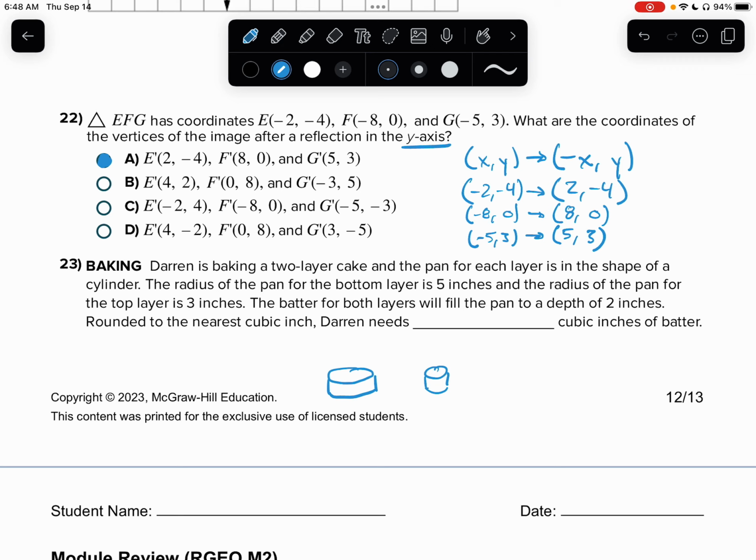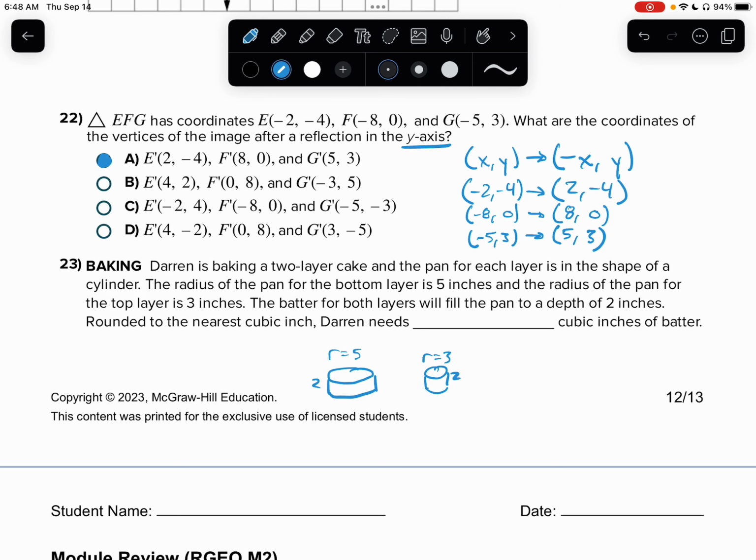The radius of the pan for the bottom layer is 5 inches. So this one has R equals 5. And then this one has a radius of 3. The batter for both layers will fill the pan to a depth of 2 inches. So this is 2, this is 2. Then round to the nearest cubic inch. Darren needs blank cubic inches of batter.